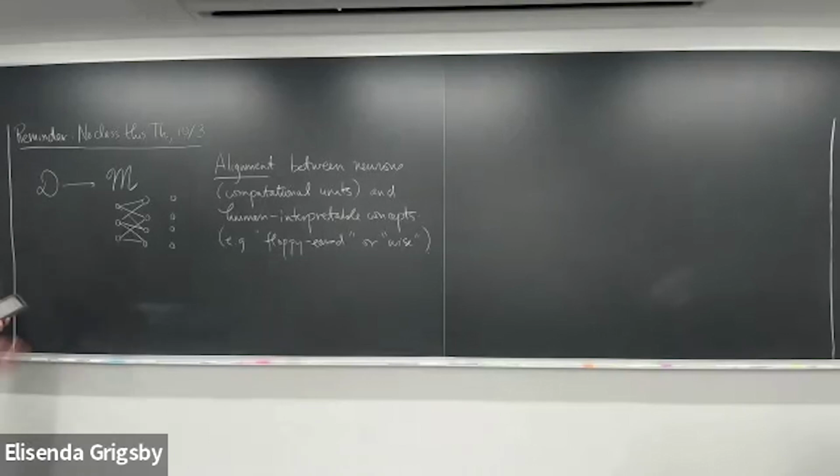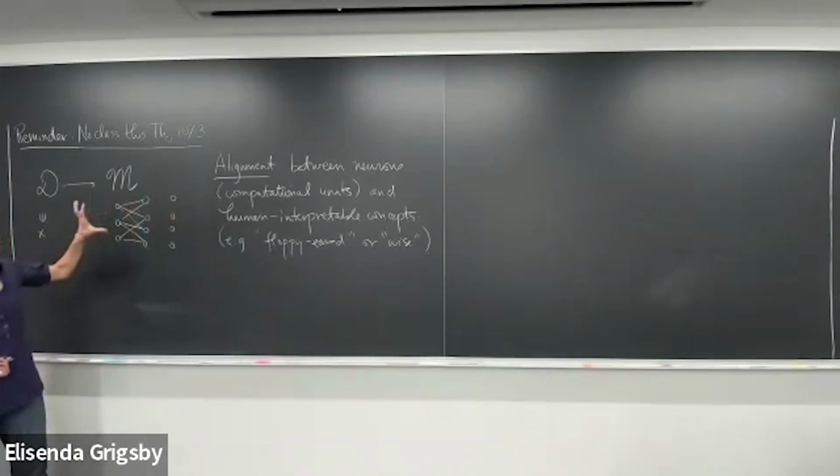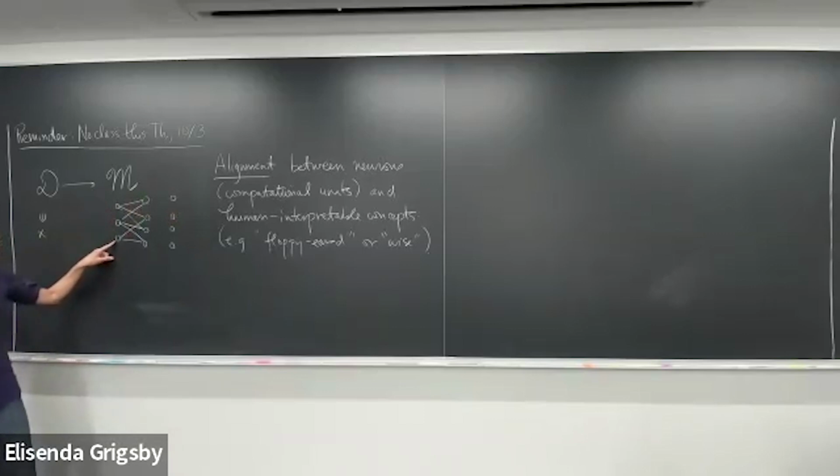Okay, so what should we mean by alignment? Well, we should mean that anytime you have some data point X in your data set, which is some finite set that you're going to feed into your model, what we would like is that each one of these neurons actually corresponds to a human interpretable concept. And those concepts light up on data if and only if the concept is present in this data.